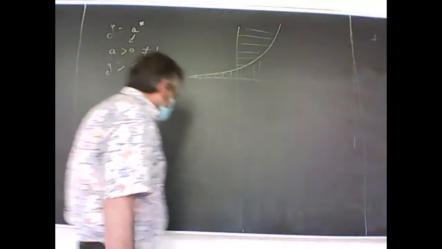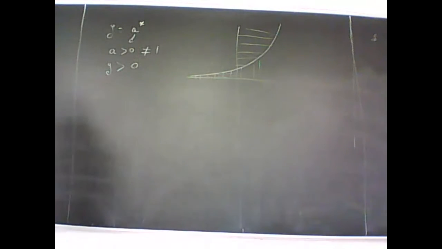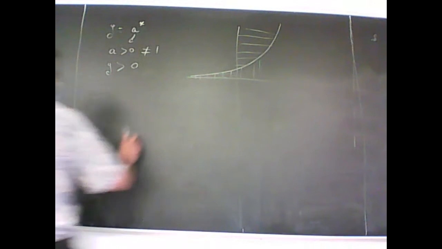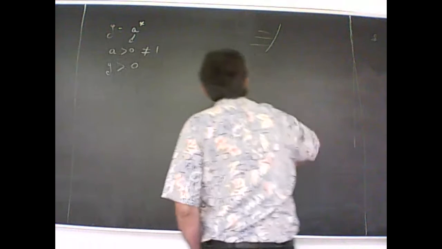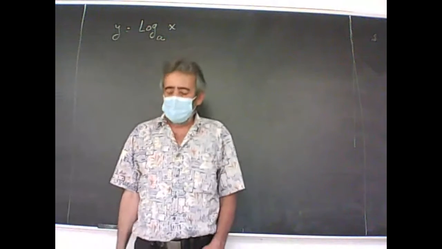And the inverse function, let's go ahead and write it down, is a function of the form y equals log base a of x. I'm going to put a general form.